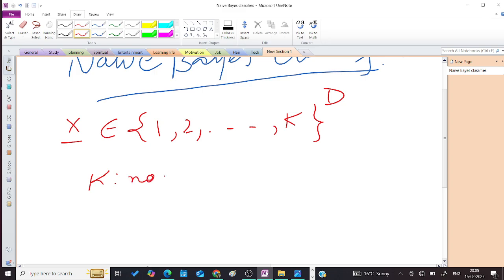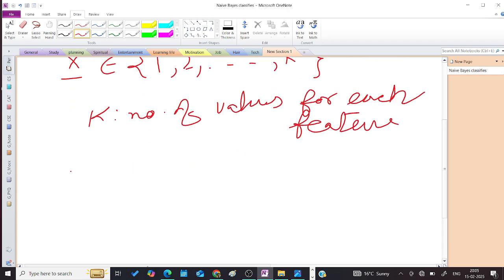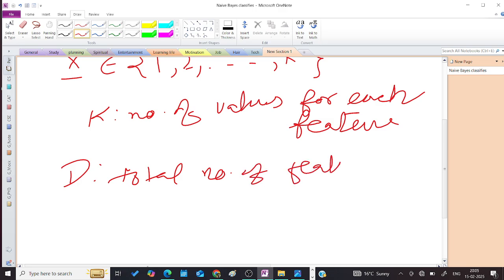K is the number of values for each feature, and D is the total number of features.